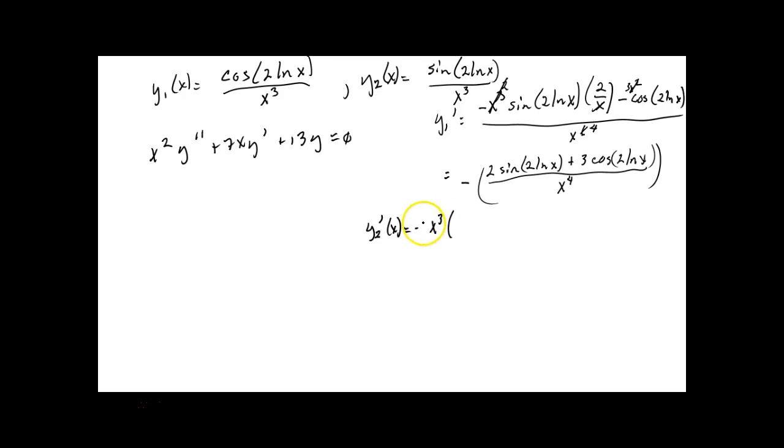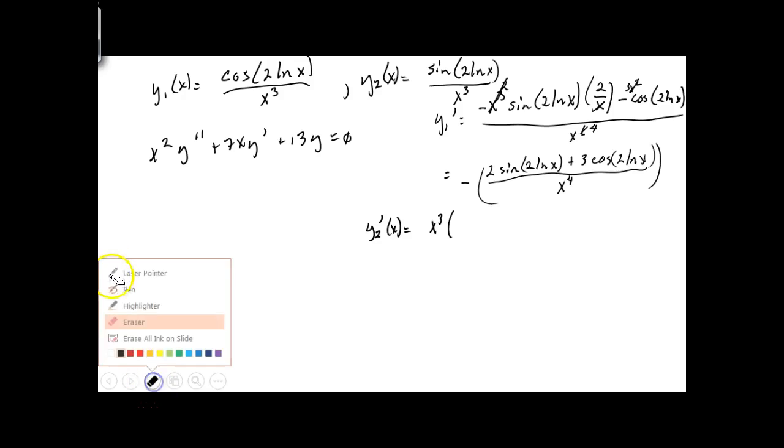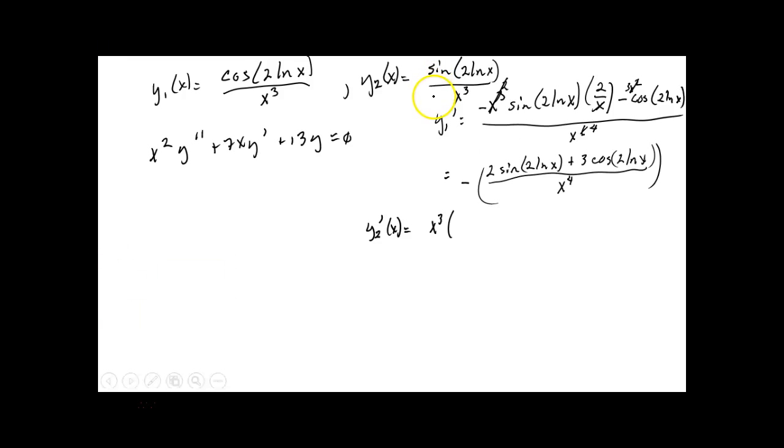Going to have a minus, because, oh, no, not a minus, sorry. Okay, x cubed of cosine 2 log x times 2 over x, right? So this x is going to wipe out one of those.